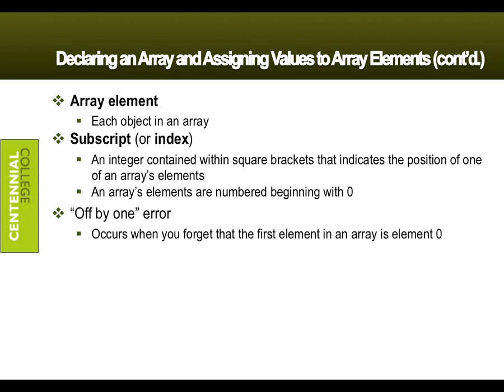No, 0 to 9 is still 10 elements. 0 counts as 1. 1, 2, 3, 4, 5, 6, 7, 8, 9. 0 to 9, not 1 to 10. Still 10 elements, but we're counting from 0. So be cognizant about those things when you use arrays, when we use for loops to loop through arrays, which is a lot of times what we do. We have this problem where we are off by 1.